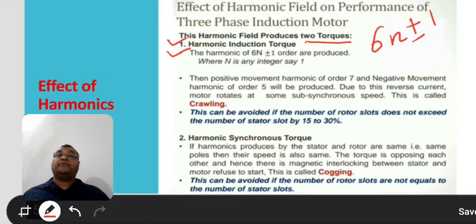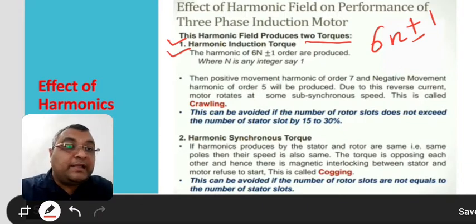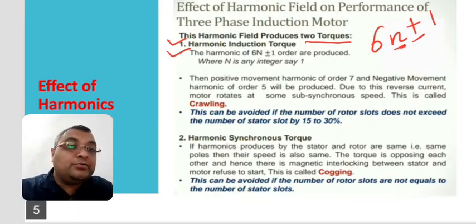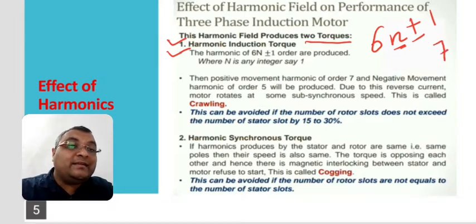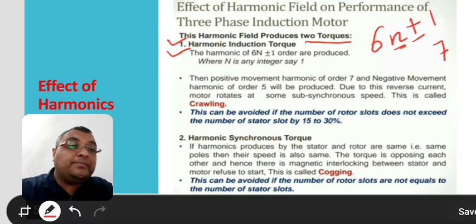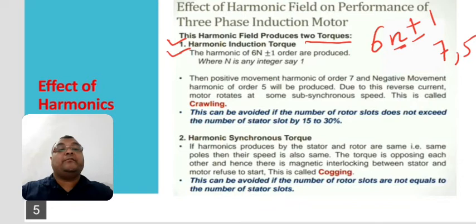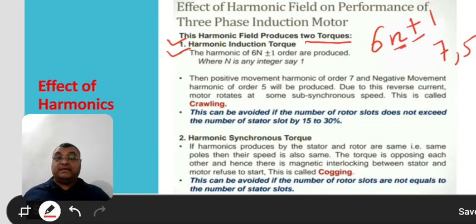So if we consider n equal to 1, due to this condition it becomes either the 7th or the 5th harmonic. Okay, so with that consideration, we can say the positive sequence harmonic of order 7 and the negative sequence harmonic of order 5 will be produced.